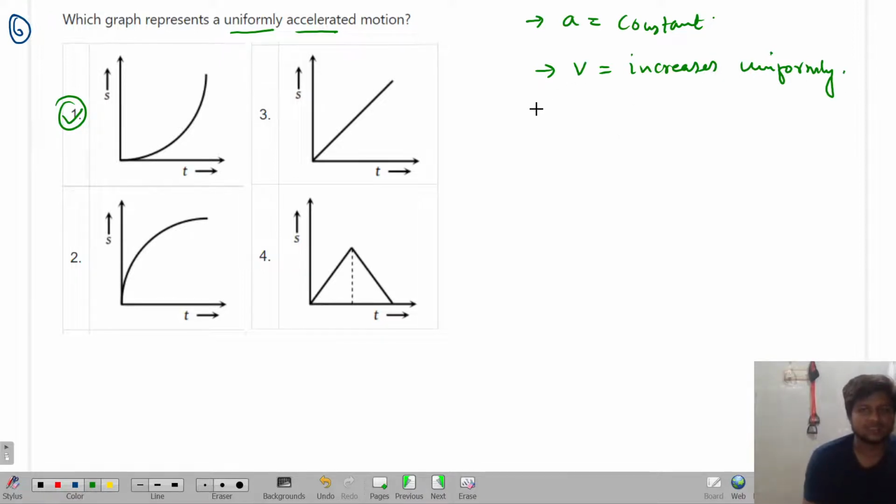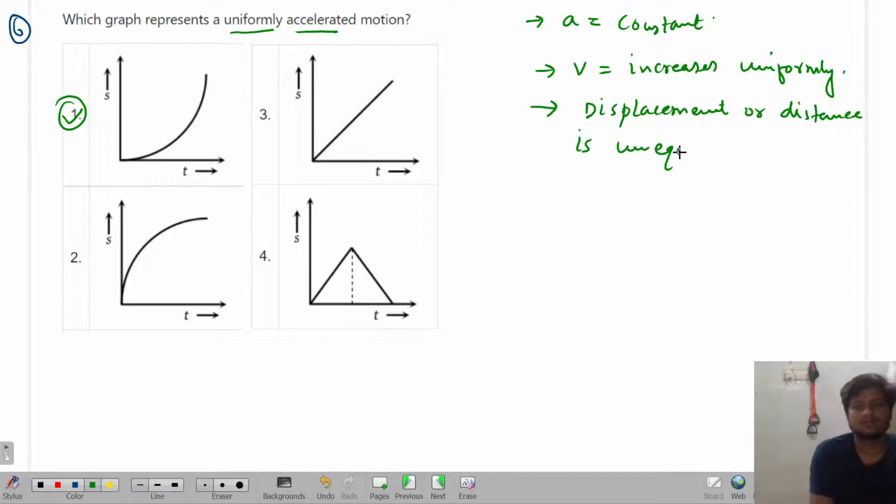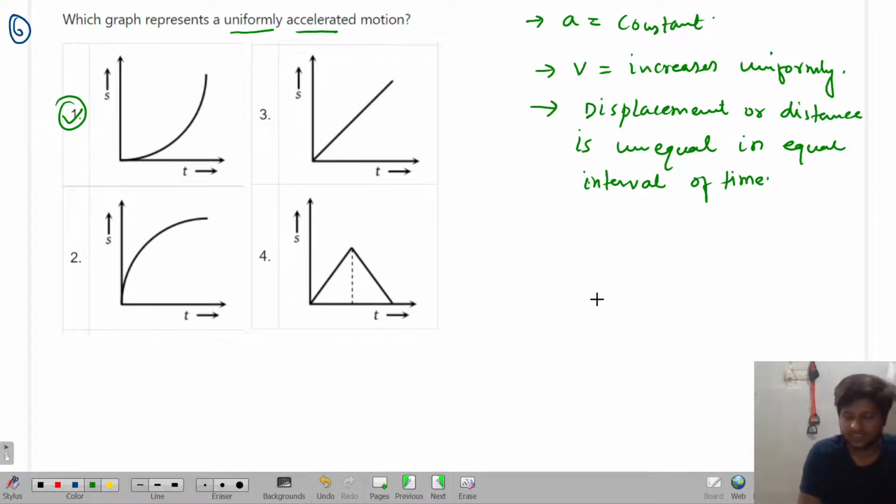So if V is increasing, that means what? Distance is unequal in equal intervals of time. So if your acceleration is constant, you know that velocity is going to increase uniformly.